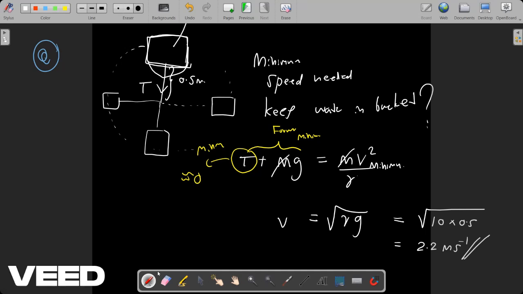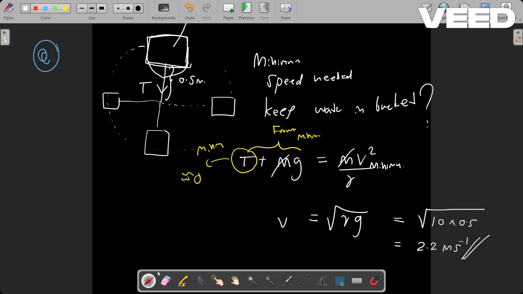Now we have completed the mechanics. All the mechanical parts are done. So after centripetal force, we are now moving on to electric fields, right?